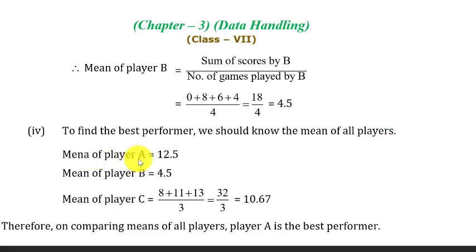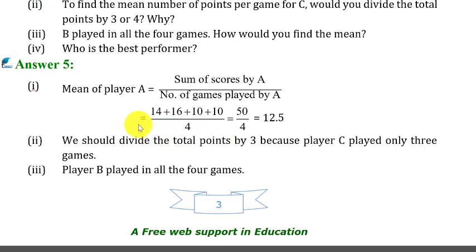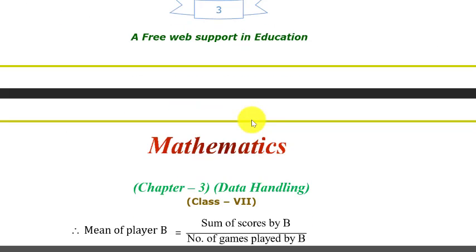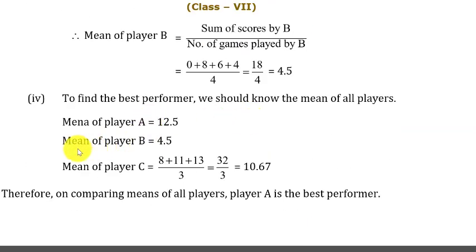So the mean of player A is equal to 12.5, which we got by solving the first one, and the mean of player B is equal to 4.5, which we got by solving the third question, and the mean of player C is equal to 8 plus 11 plus 13 by 3 because he played only 3 games.